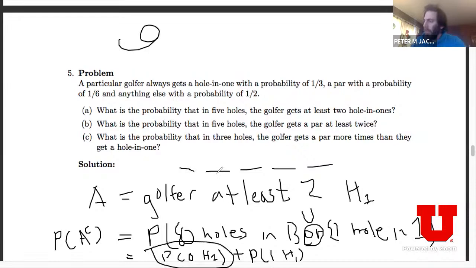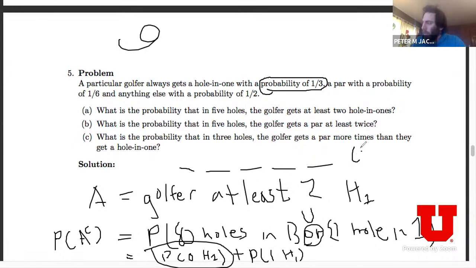There are 5 slots, or 5 holes, and in each one they're not getting a hole in one. The probability of not getting a hole in one is 2/3. Each of these events is independent, and there are 5 of them.